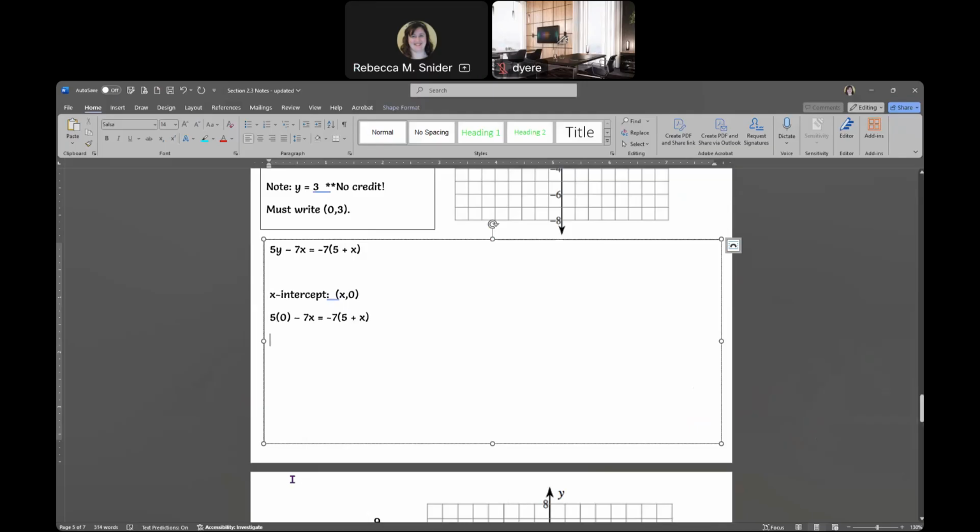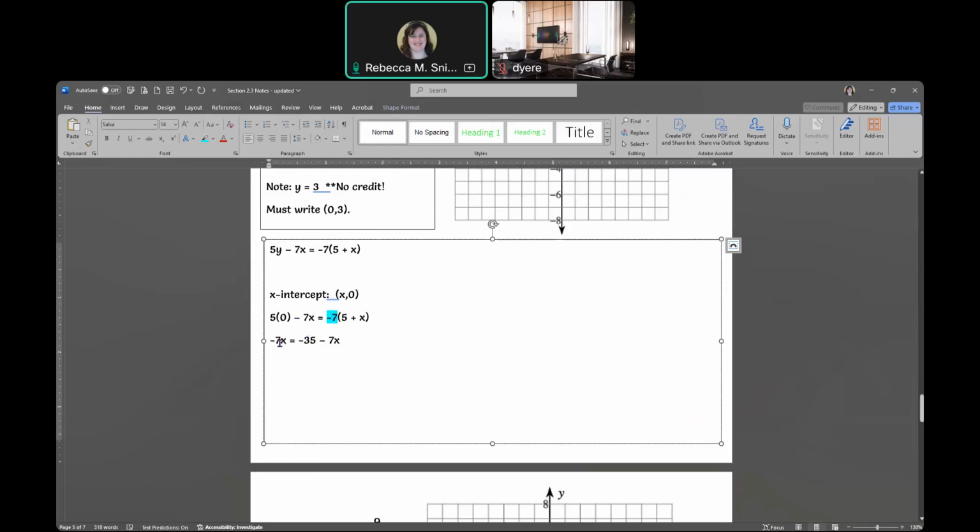Now, 5 times 0 is 0, so we are left with just negative 7x is equal to, and then I'm going to take this negative 7 and distribute it in. So this becomes negative 35 and then minus 7x.